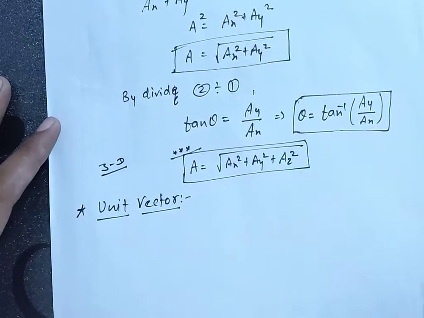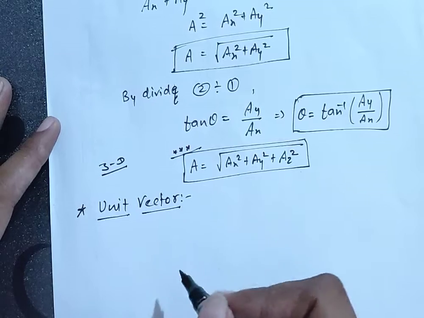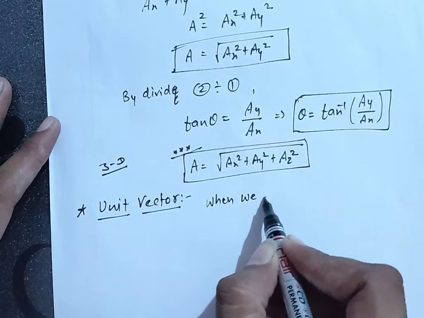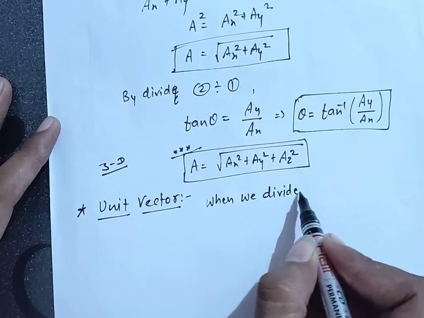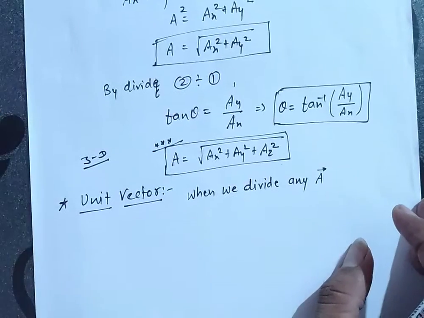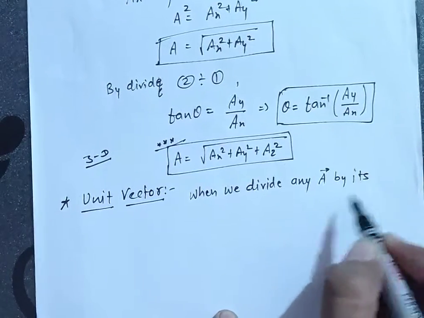Now let's talk about unit vectors. A unit vector is obtained when we divide any vector A by its magnitude.